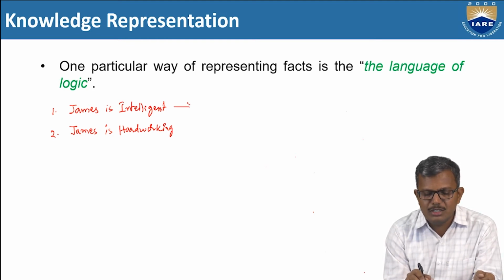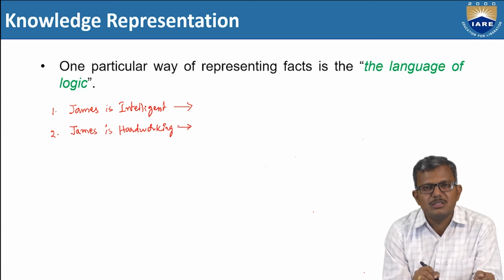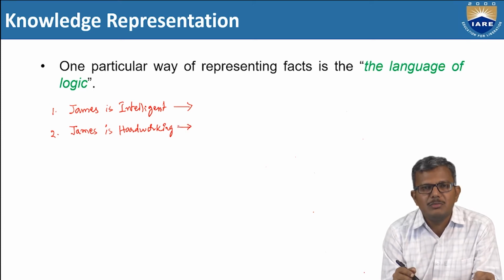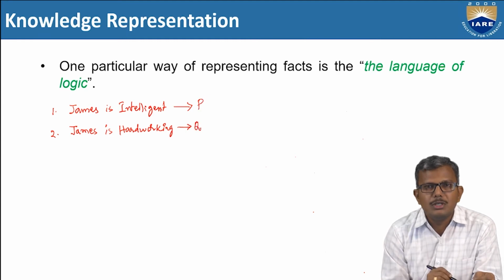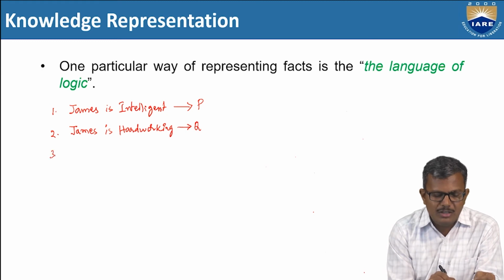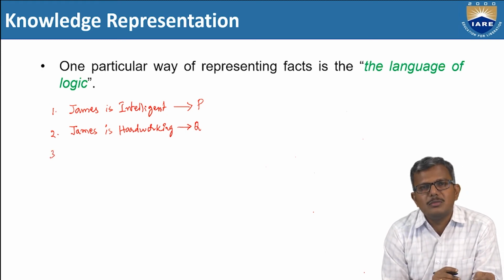Already I mentioned that we can represent these sentences with the help of variables. If I represent this sentence as P and this sentence as Q, then we need to apply some inference mechanisms and generate some new knowledge. New knowledge is going to give us solutions to problems.